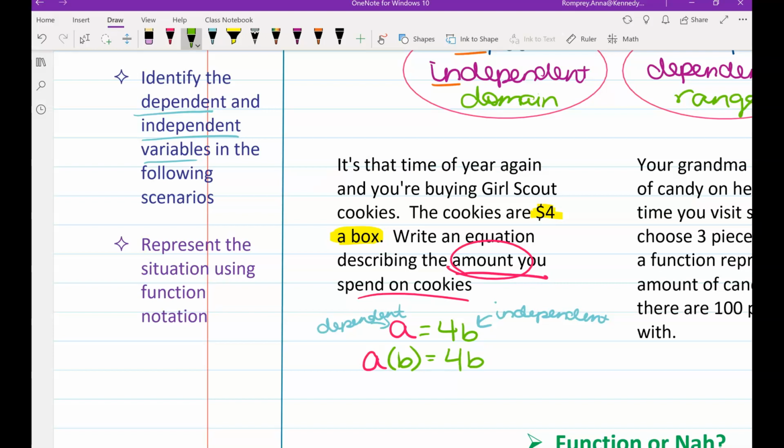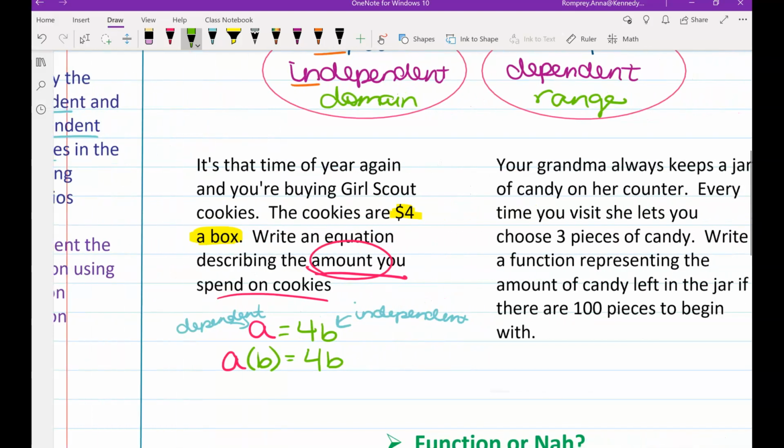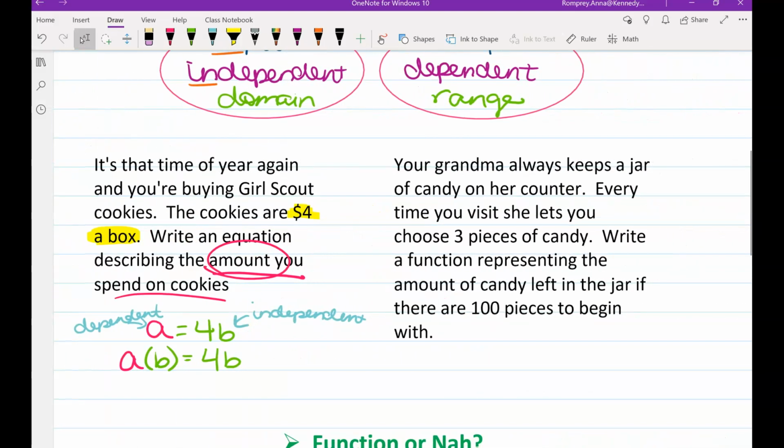Okay? So the only difference between writing an equation and writing it in function notation is that dependent, it's A of, and then whatever is representing our x in that case. That's literally the only difference. So you're still writing the equation using your same principles.